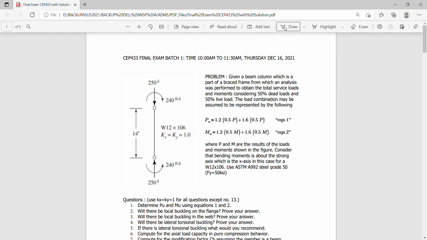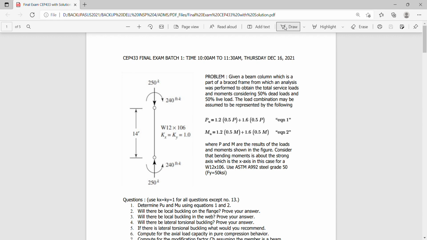It is indicated in the problem that we consider those values as contributed by the dead and the live loads equally. So 50% of which is coming from the dead loads and 50% are coming from the live loads.